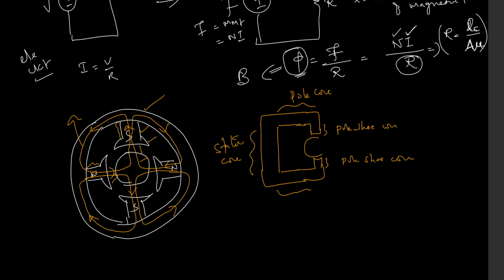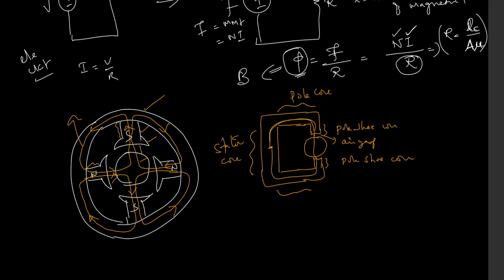Now it will enter into the air gap. Suppose the flux is coming like this. So it starts from the stator core, pole shoes, then enters the air gap, then the rotor, then again the air gap, then pole shoes and poles, and then it closes like this.